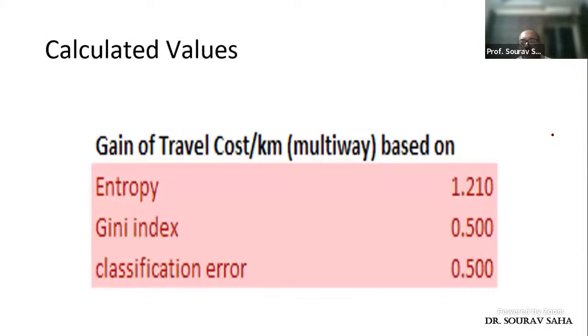My bad. So now I have found out the change in the impurity for each of the three metrics: entropy, Gini index, and the classification error. The change in the impurity value for each of these.